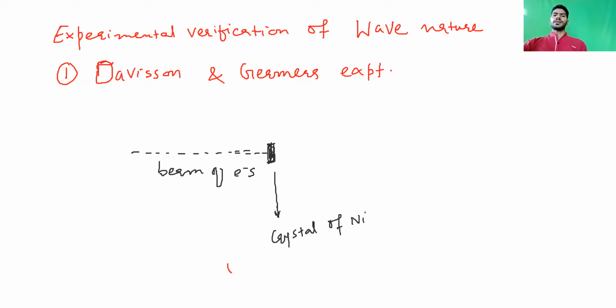Then the zinc sulfide screen was just put here. Okay, I will just now show it like this. On the zinc sulfide screen, on a photographic film, they observed that they get a diffraction pattern here, like this.